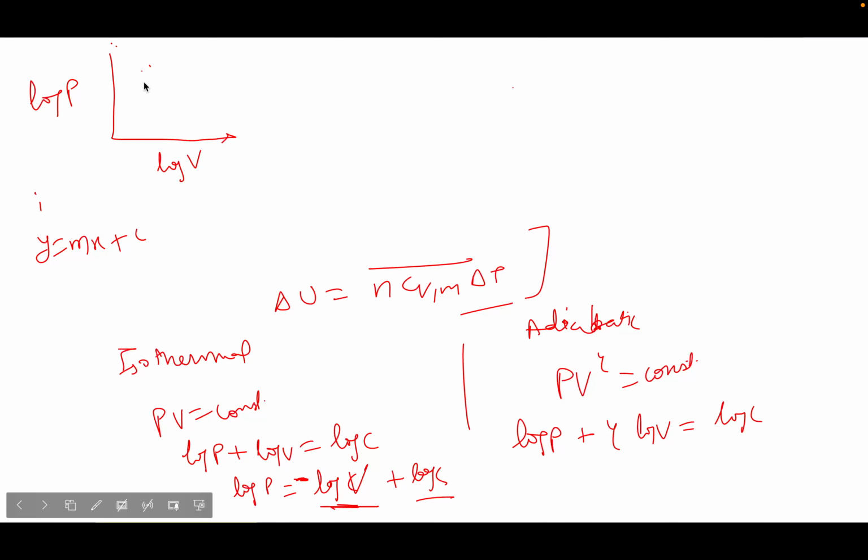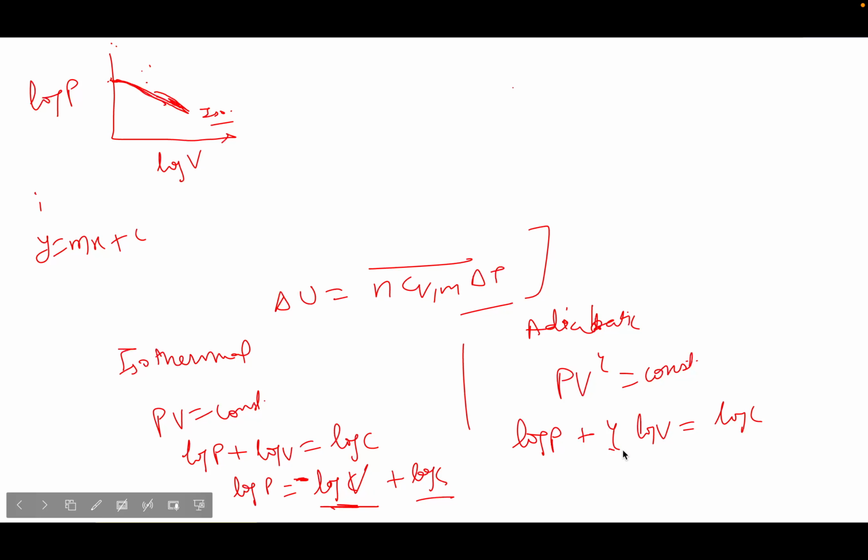Let's say it is starting from here, this is log C, and it is a straight line coming down. This is for isothermal.